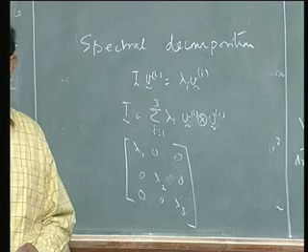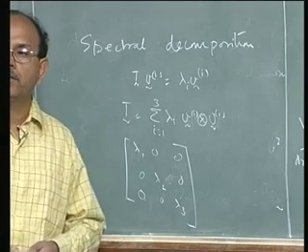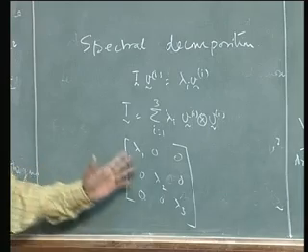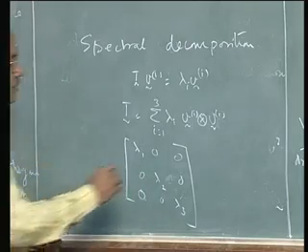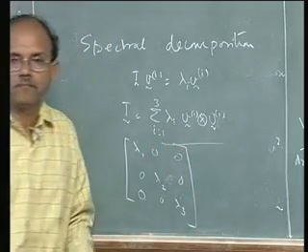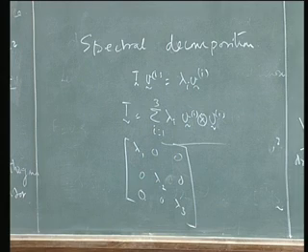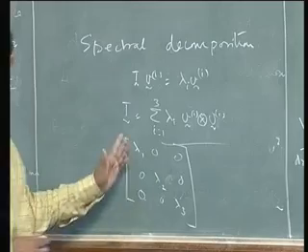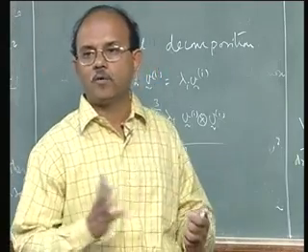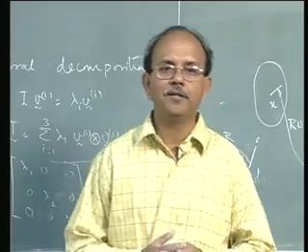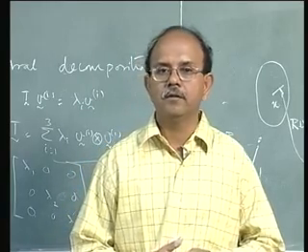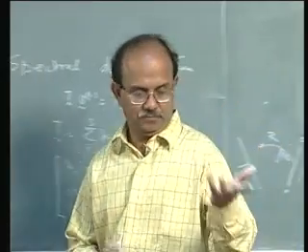Of course, the question is what happens when lambda 1 is equal to lambda 2, then how do you write this? So you say, for example, lambda 3 is unique and lambda 1 is equal to lambda 2, then what is the condition of the eigenvector? Then any two, yes, absolutely.